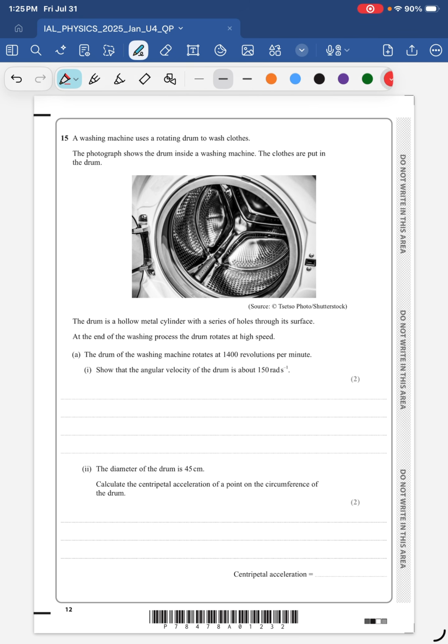Okay, so whenever you see something like this, revolutions per minute, you should always think frequency. So let me show you. Omega, by definition, is 2 pi times the frequency. So that's 2 pi times 1400 what? Revolutions, so that's a pure number, per minute. 1 minute is 60 seconds.